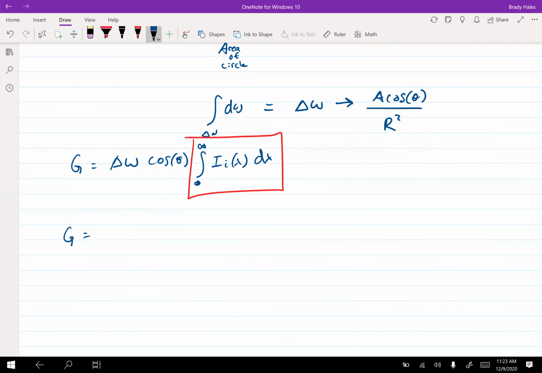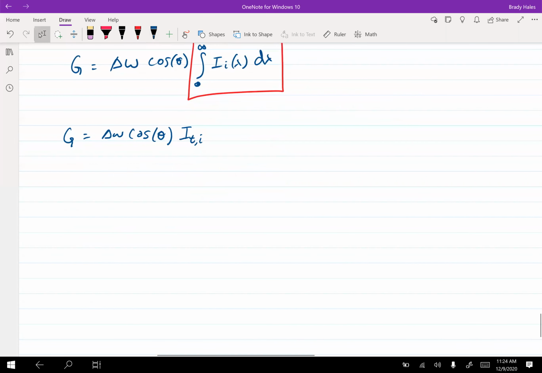So you say G is equal to delta omega cosine theta times I of the sun, the total incident intensity from the sun. That's the definition. So what is that?